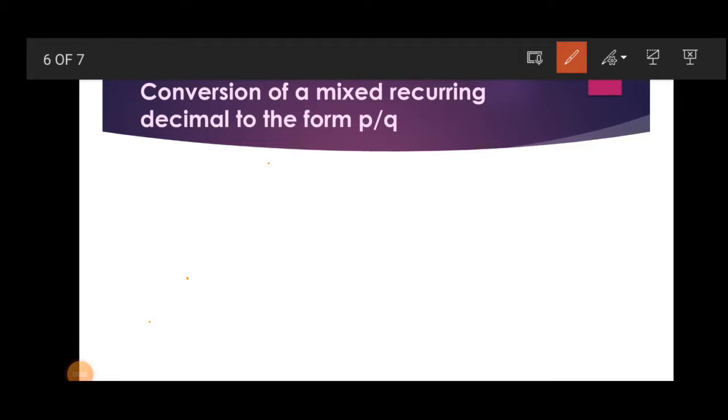Conversion of a mixed recurring decimal in the form p by q. Let's take an example. Express 0.32 bar in the form p by q.